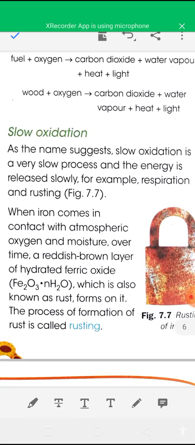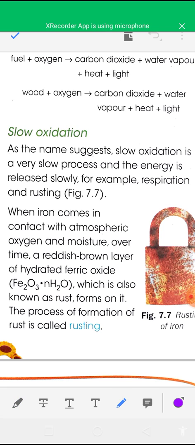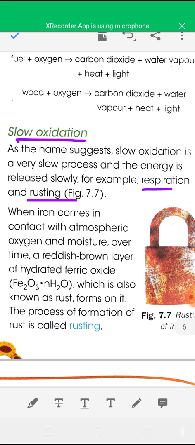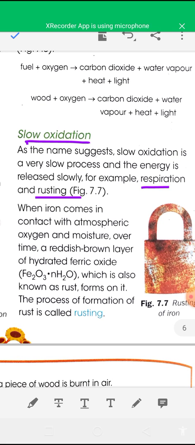And slow oxidation is also a chemical reaction of oxygen. Rusting of iron and respiration are slow chemical processes, slow oxidation. Slow oxidation is a very slow process and energy is released slowly. Example, respiration and rusting.